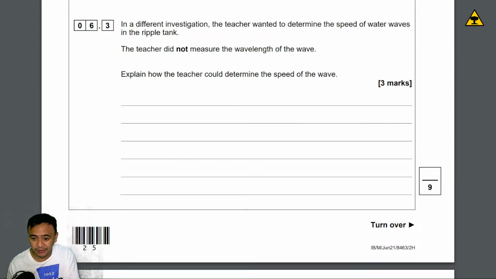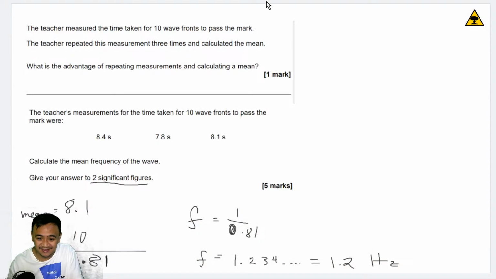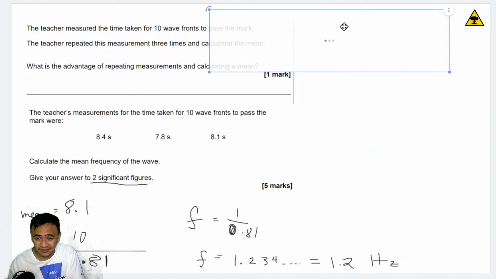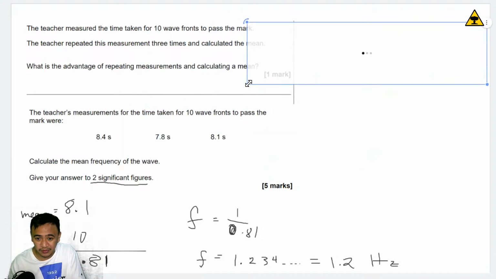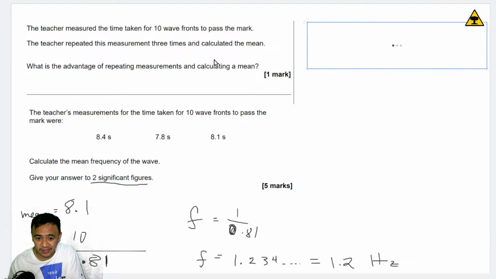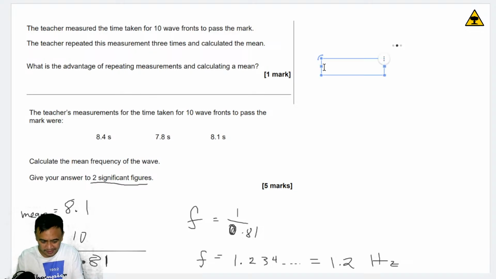Then what do you do with those values? I know it's obvious, but you have to state it, right? So let's just put it in here. So again, you said, he already said measure a distance.